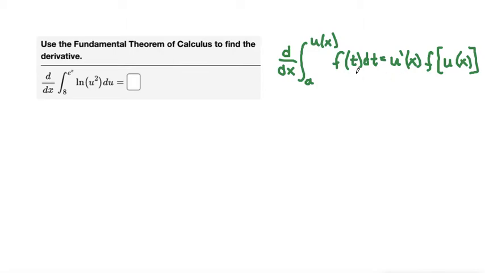So this is the formula that I'm going to use, but because we have u's in the problem and t's in our formula, I'm going to change writing this from a u of x to a g of x instead.